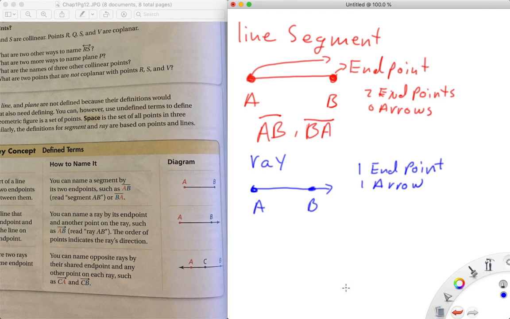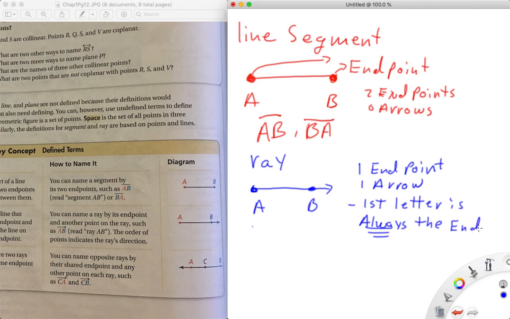When we talk about lines and line segments, we were able to switch the letters, B and A, and A and B. You can't do that with rays. Rays are location specific. So the first letter is always the endpoint, every single time.